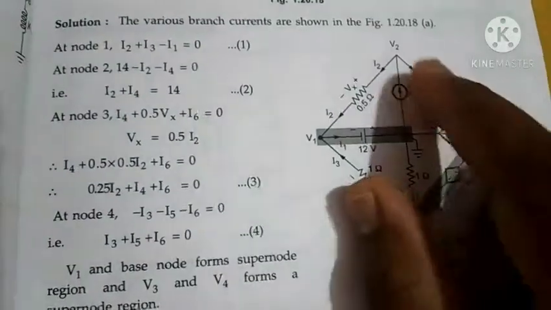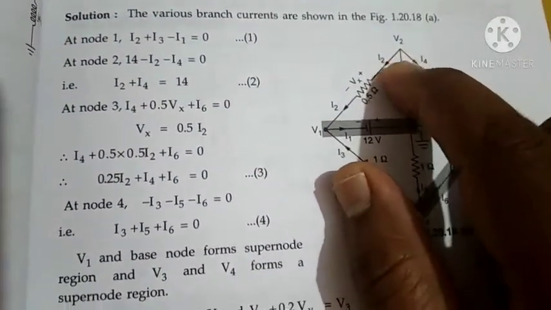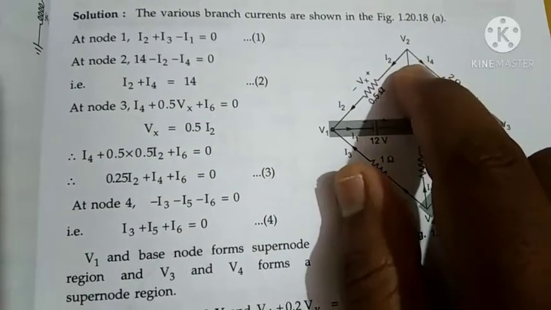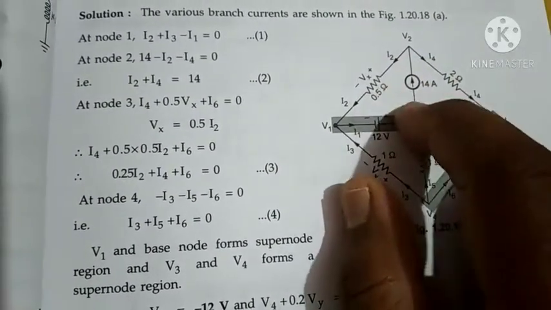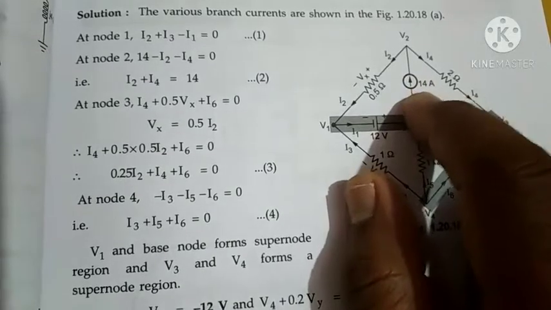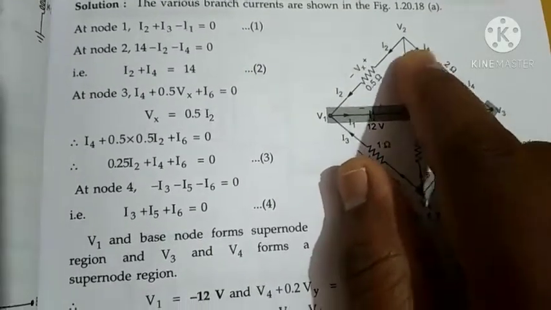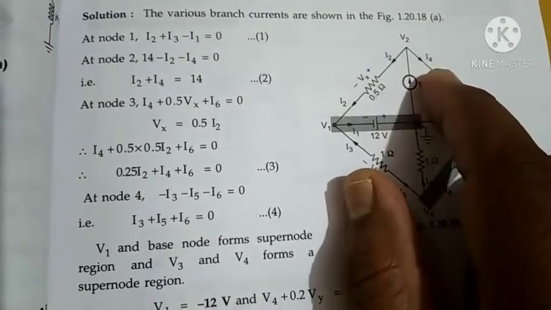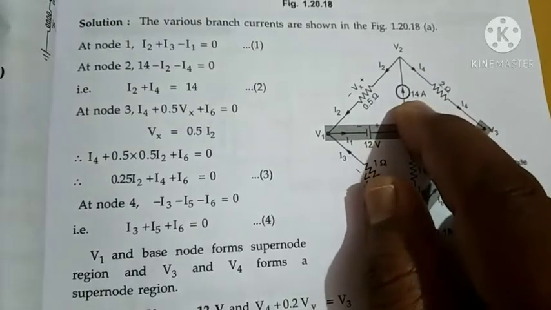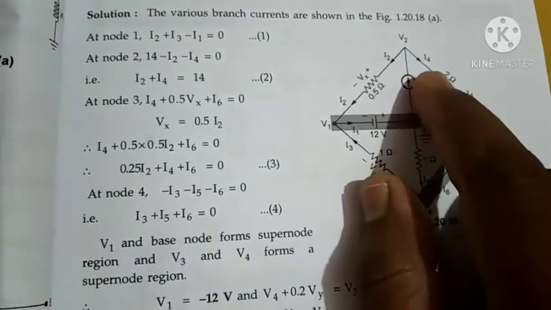Now apply KCL at node V2, and we will get one more equation. Here the 14 ampere current is incoming, so 14 ampere is equal to I2 plus I4.